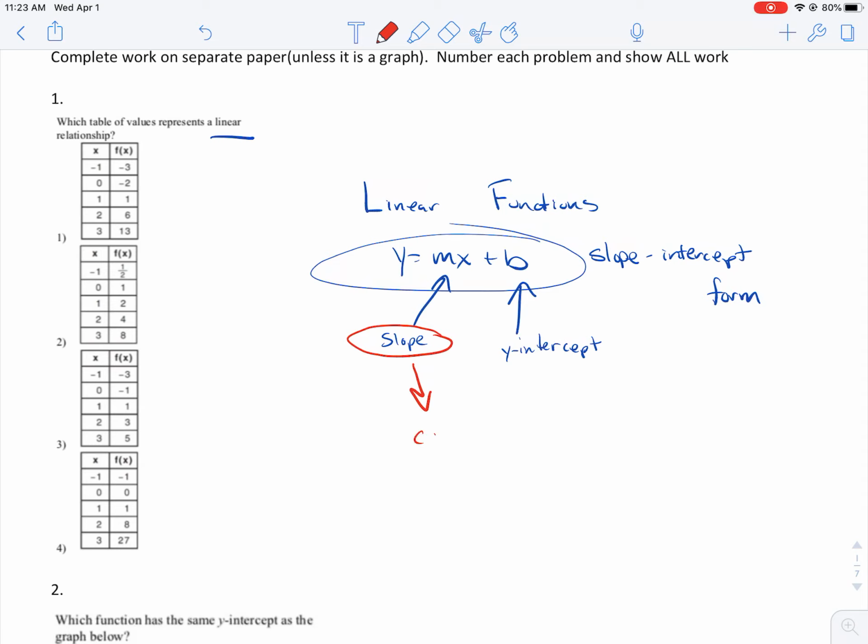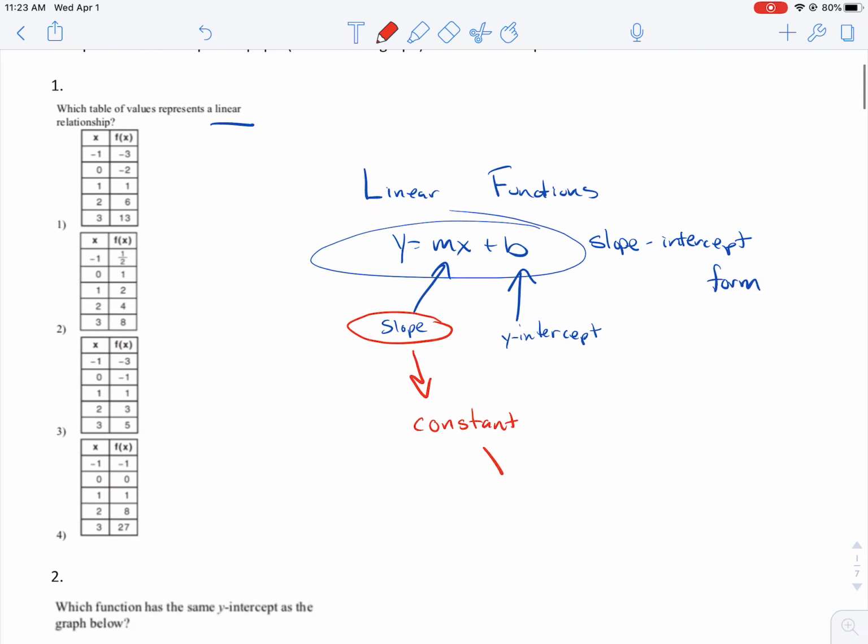But what we've got to remember about the word slope, and it only applies to linear functions, is that the slope in linear functions is always constant, which means it is increasing or decreasing by the same amount each time. So the change in y values is constant.